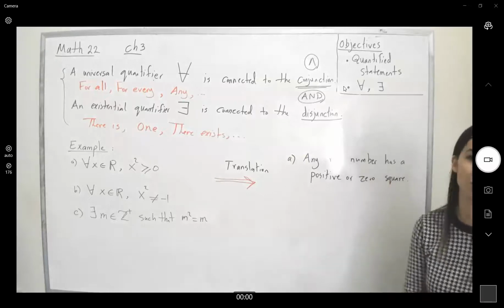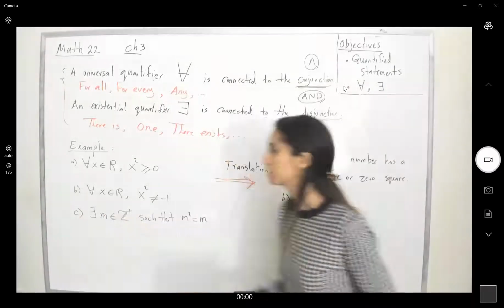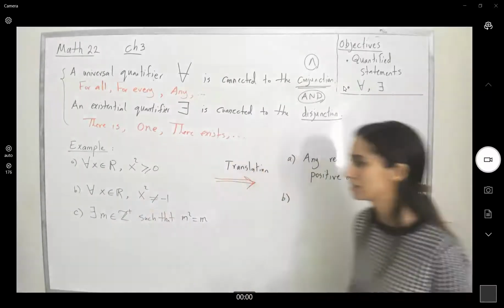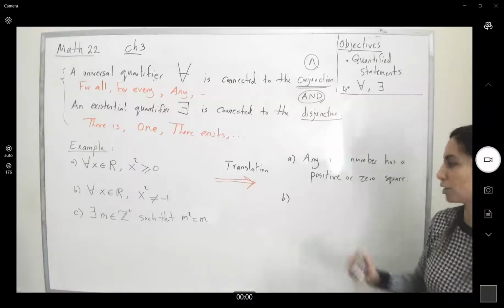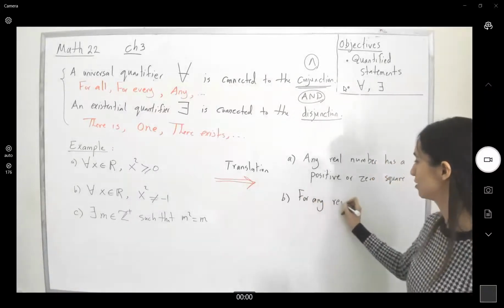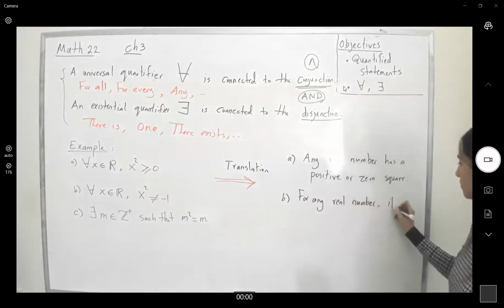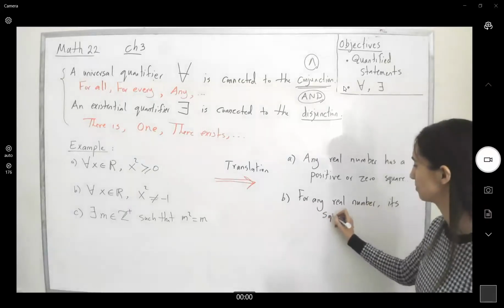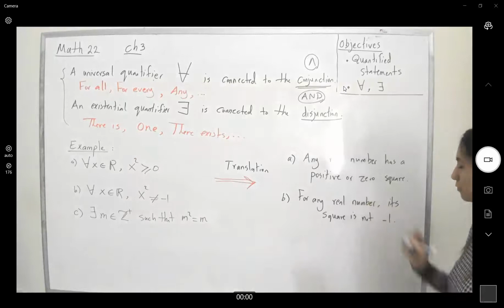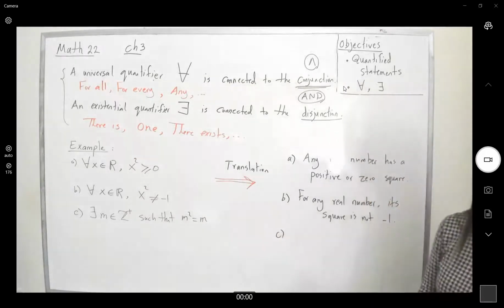This is one of the possible translations. B, for any real number, its square is not negative 1. And C can be translated this way.